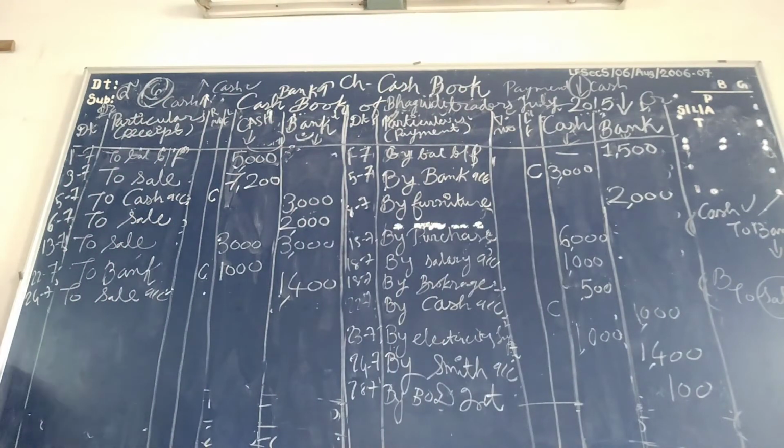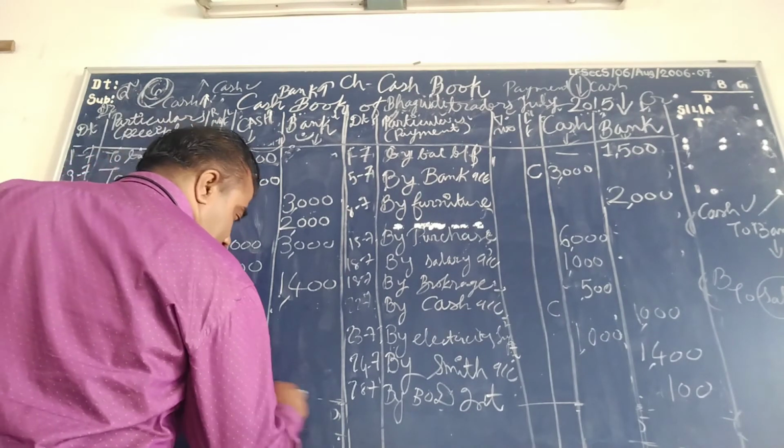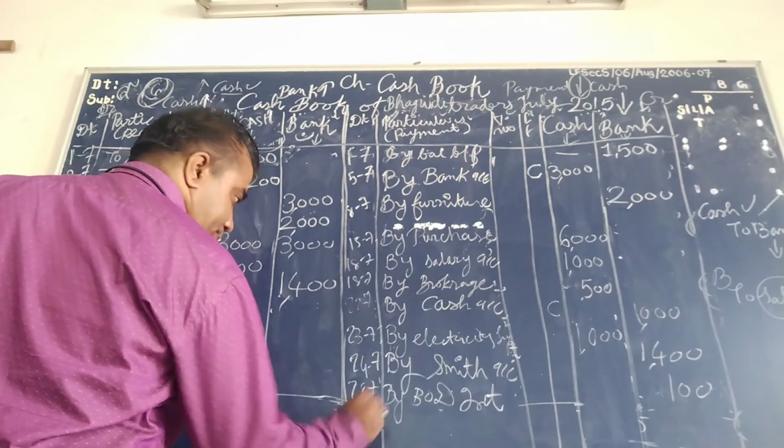Now we find the closing balance, and for that we put the total.